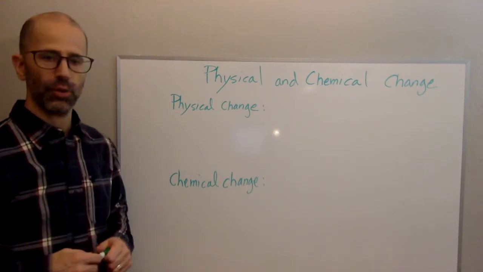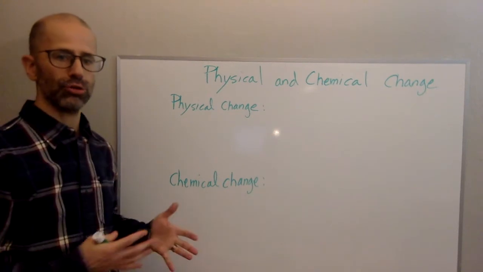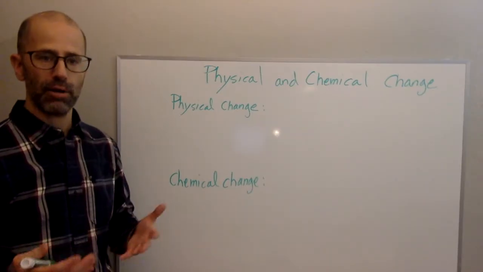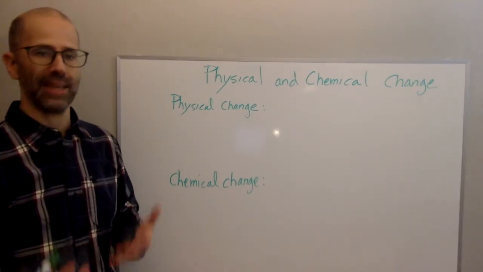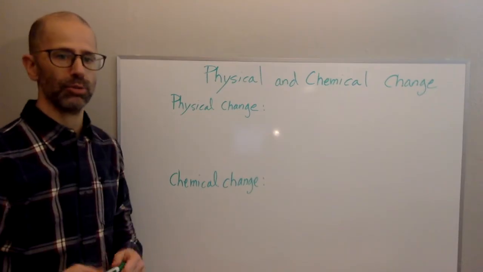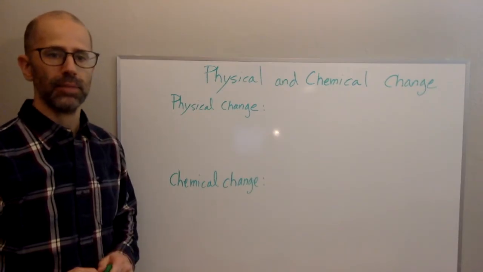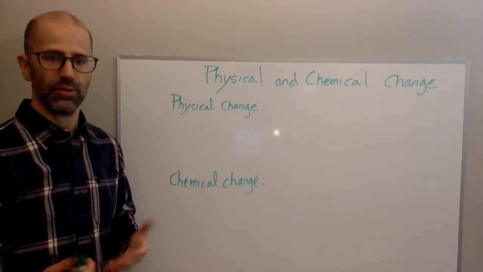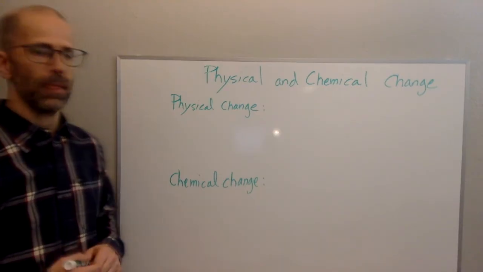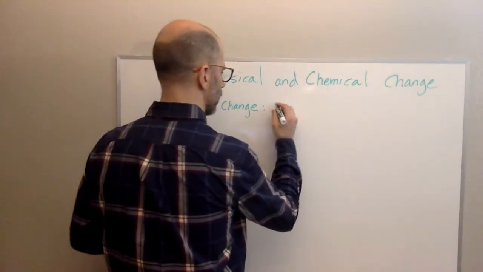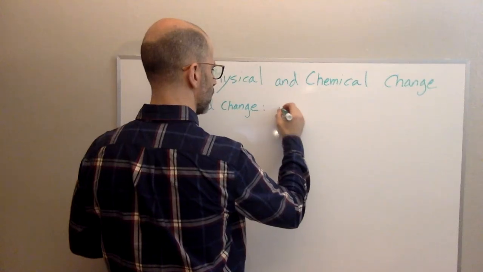So physical change is going to have to do with a change that alters the appearance of the object or the state of the object. So this goes back to when we were talking about the physical states. So gas, liquid, water. So let me write that down.